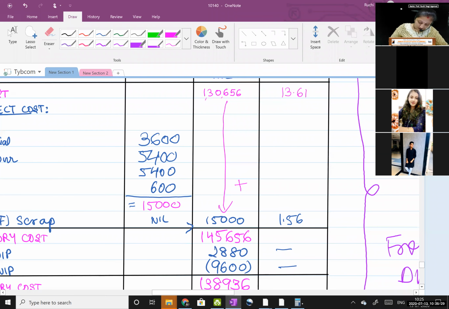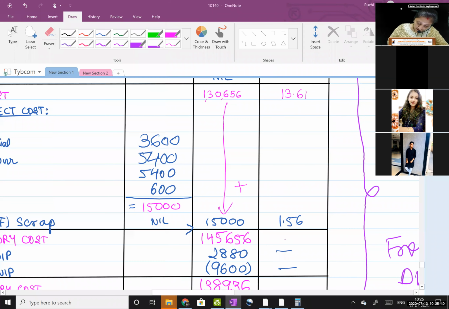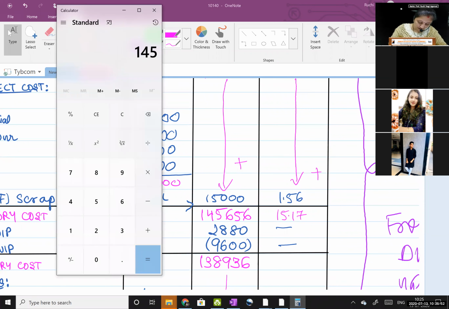Add it: 1.56 plus 13.61 is 15.17. You can add this, or you can divide it also: 1,45,656 divided by 9,600.